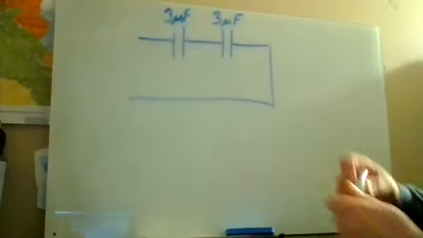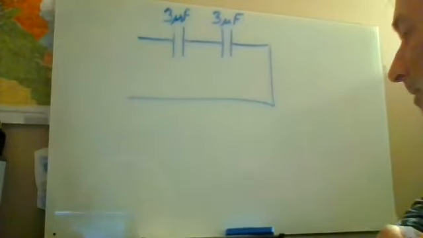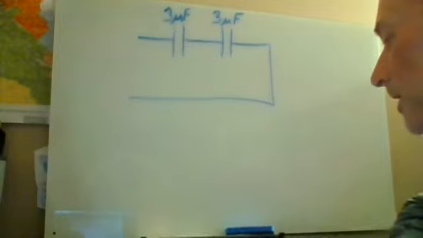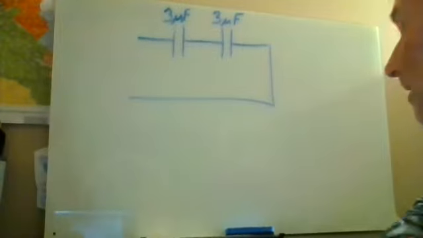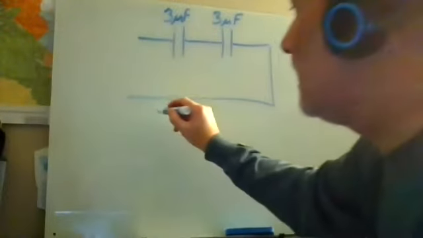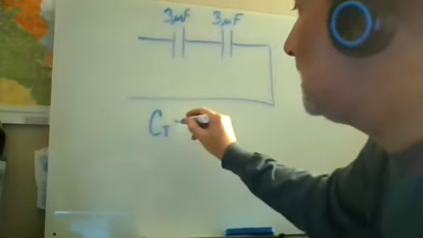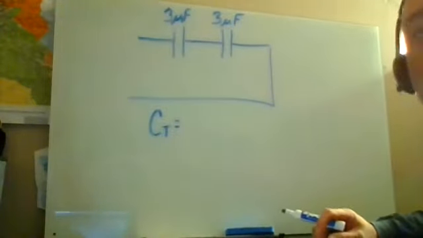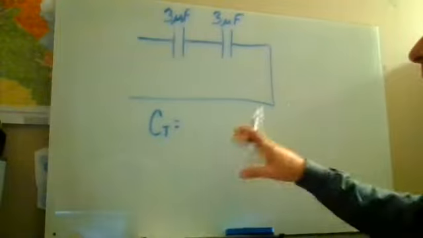Are they both micro? Yep, they're both micro. What we need to understand here is I'm trying to find C total, just like I found R total, just like I found Z total.